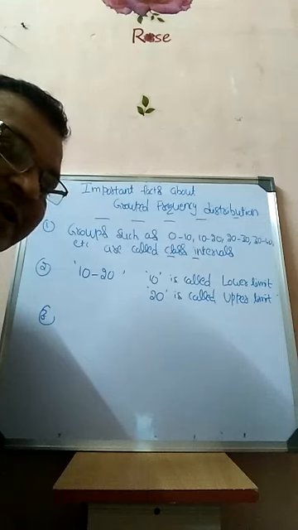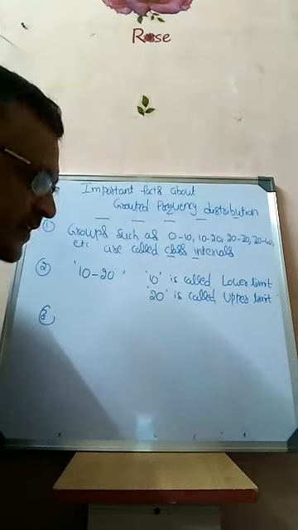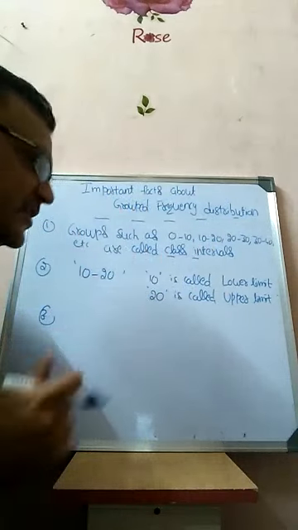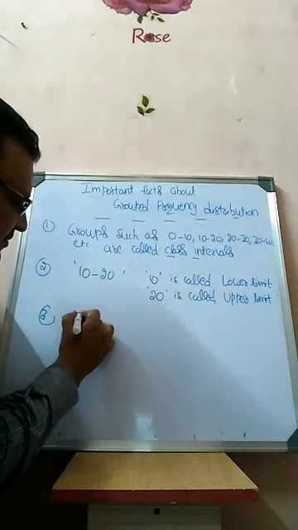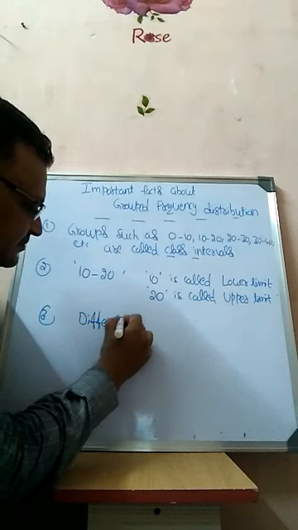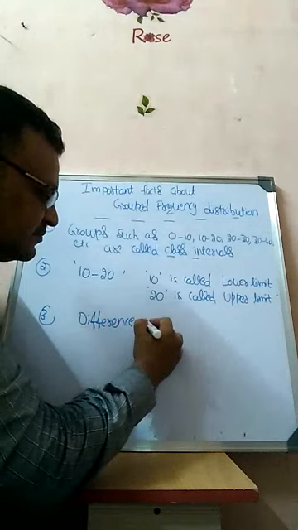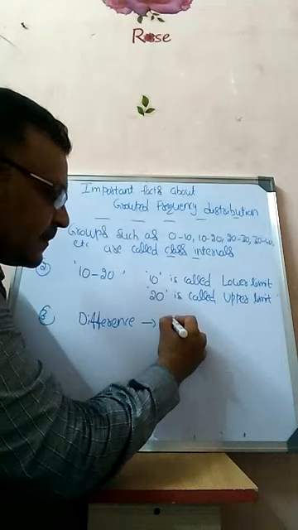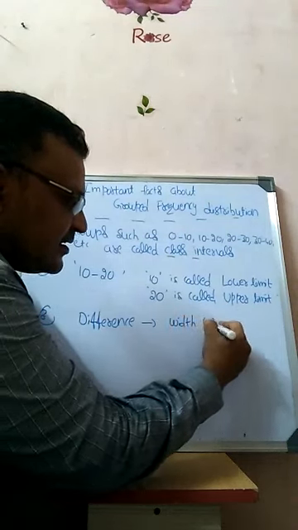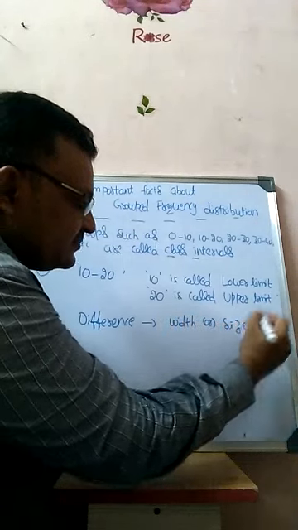The difference between the lower limit and upper limit of any class is the size or width of that class.